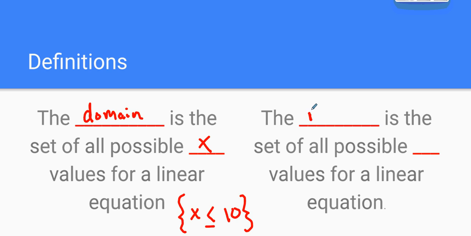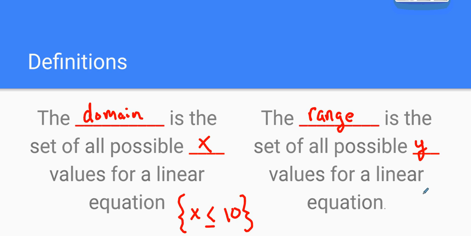The range, as you can probably figure out, if the domain is the set of all possible x values, the range is the set of all possible y values. To find out what the range is, it does depend on what you've established for the domain.